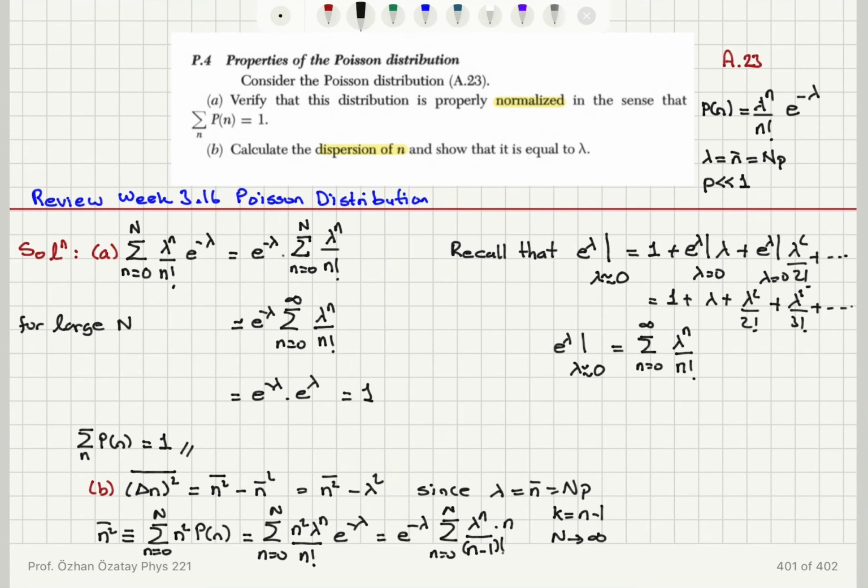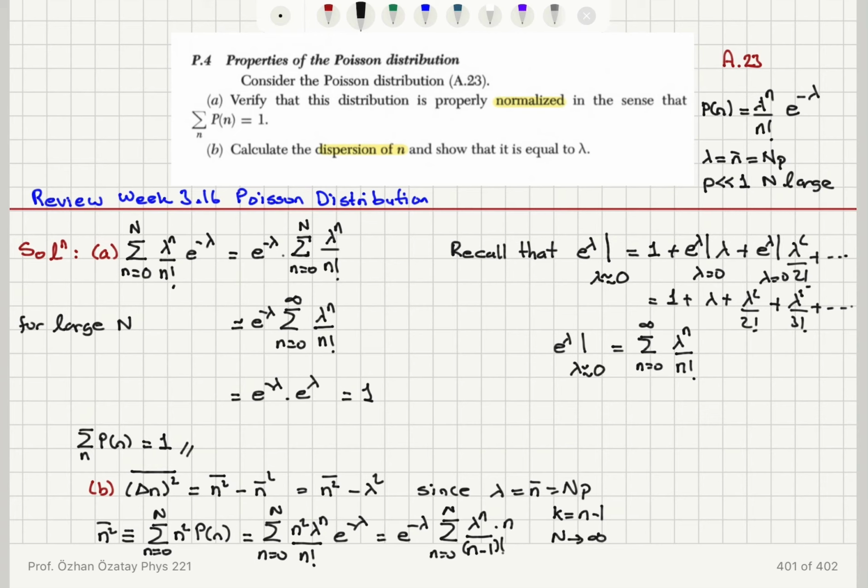Okay, so we are recalling the Poisson distribution, which is lambda to the n over n factorial e to the minus lambda, where lambda is n bar, which is capital NP. P is much less than 1, n is large, p is small, but lambda is small. So this can be normalized.